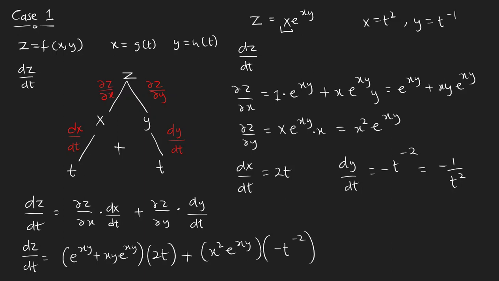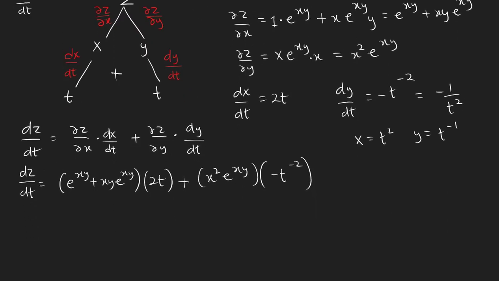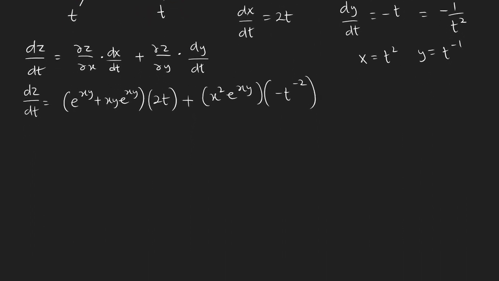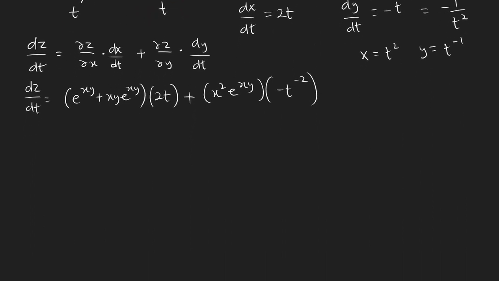So from here, let's try and simplify this. I'll write some terms here: x equals t squared and y equals t to the power minus 1. Okay, so now let's continue and simplify this expression.